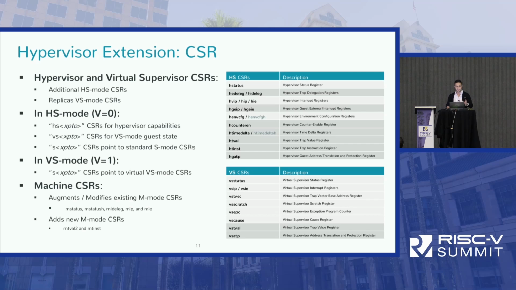Quite interesting, if virtualization is disabled, like V equals 0, in HS mode, the registers with the prefix H are for hypervisor capabilities. Then you have the virtual supervisor registers for the guest state, and if you use the S prefix, basically you point to the standard S mode CSRs.